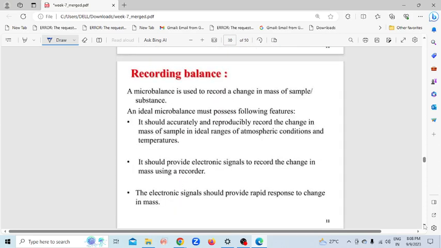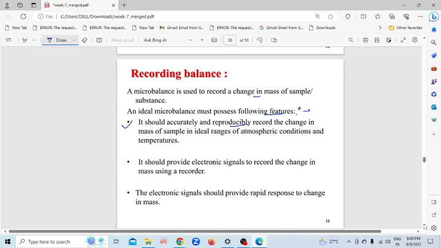Recording balance, this is already explained. A microbalance is used to record a change in mass. An ideal microbalance must possess the following features. What features should be in your microbalance? It should be accurate and reproducible, meaning your microbalance should be of good quality, because it needs to record a very small change in mass, so it is very precise.